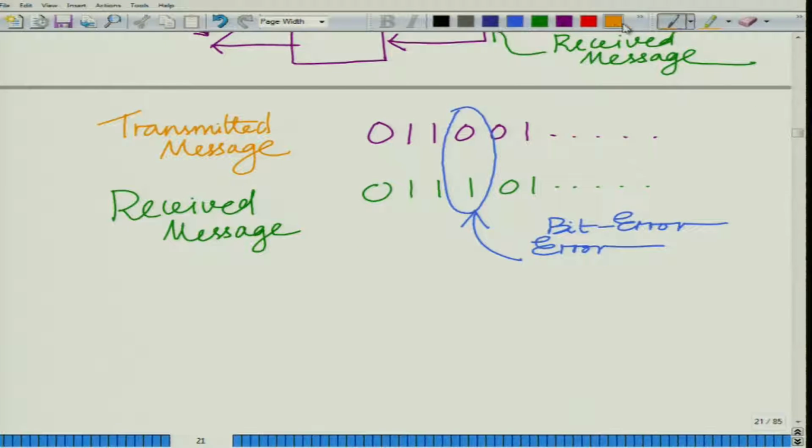This bit error arises over the channel, due to the noise in the channel.